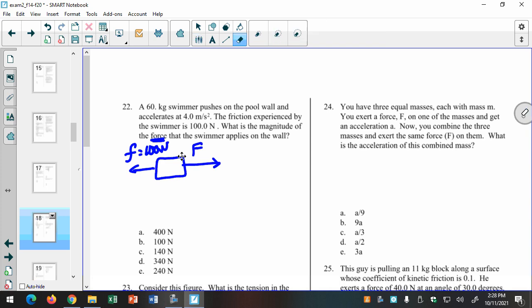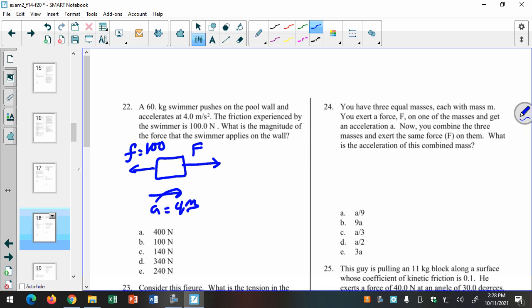I don't know what that looks like. It doesn't look like 100 newtons. Okay, that's 100 newtons. And she gets an acceleration in this direction equal to 4 meters per second squared. It's positive. So now I apply Newton's second law. I've drawn the picture. I've labeled all the forces.